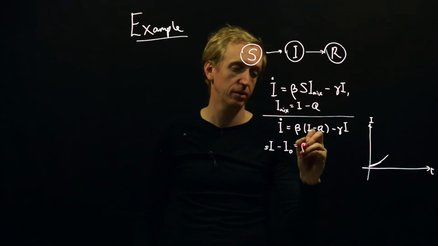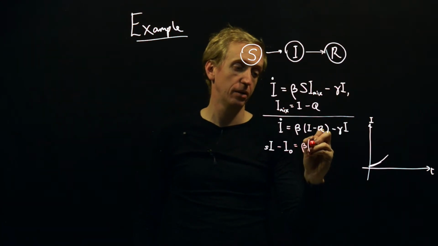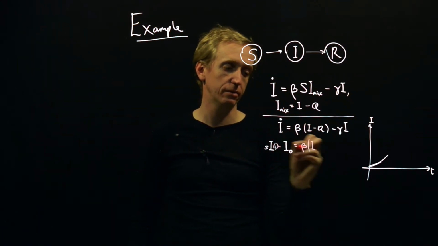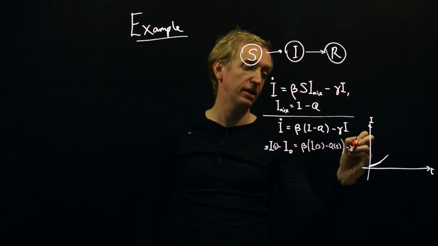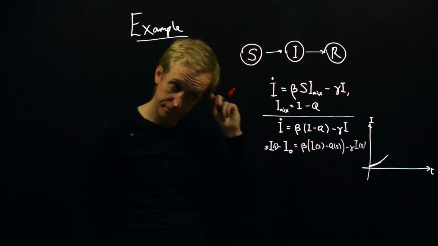In particular, we get beta I, let's put the s's in, minus Q of s, minus gamma I of s.